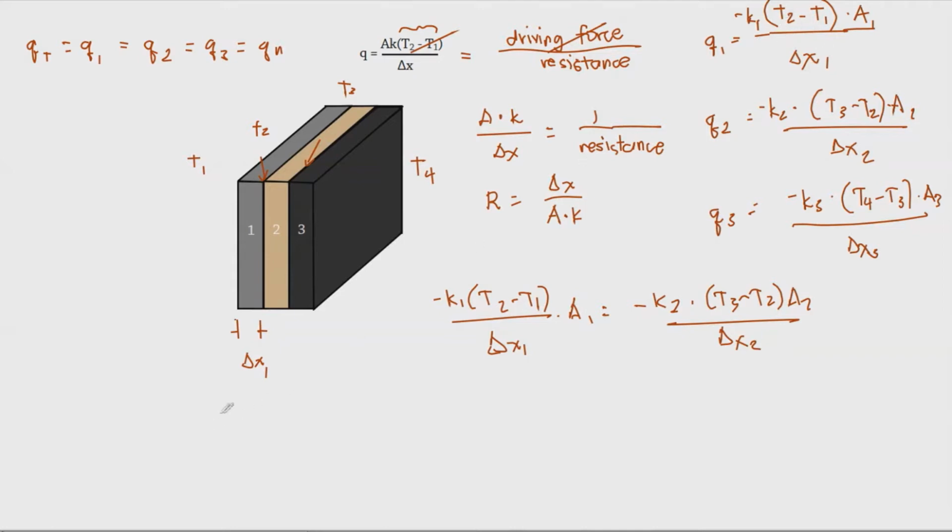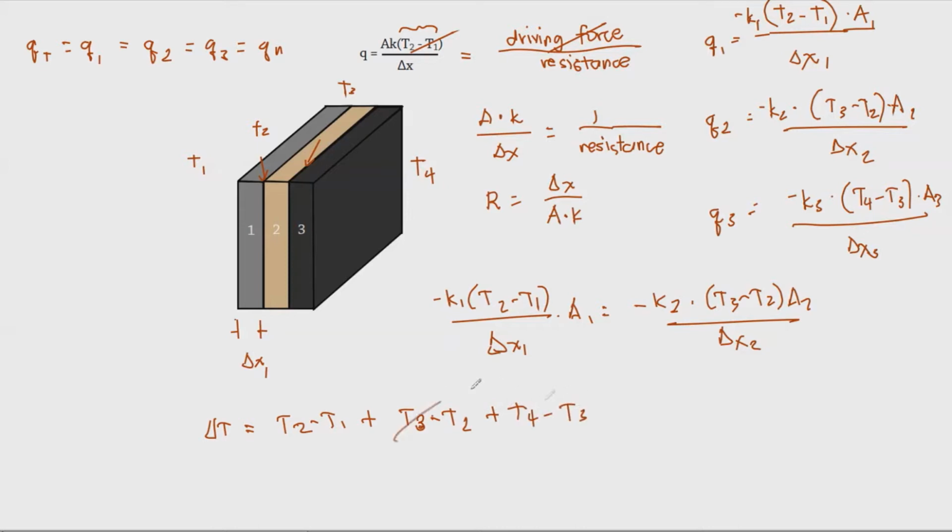These are the relationships that we could get, but when we add all these temperature differences, what we will get is simply delta T total, which is equal to T2 minus T1 plus T3 minus T2 plus T4 minus T3.